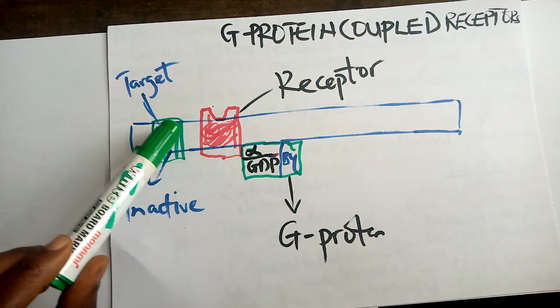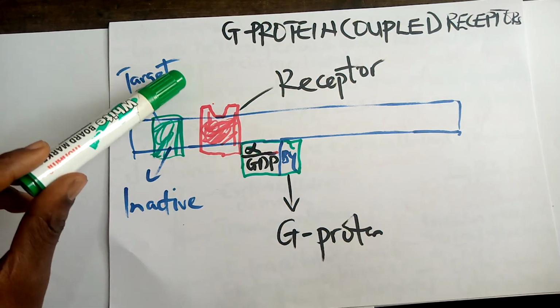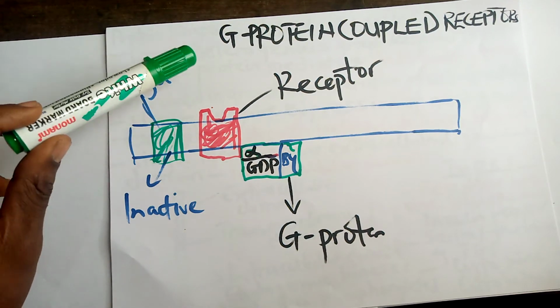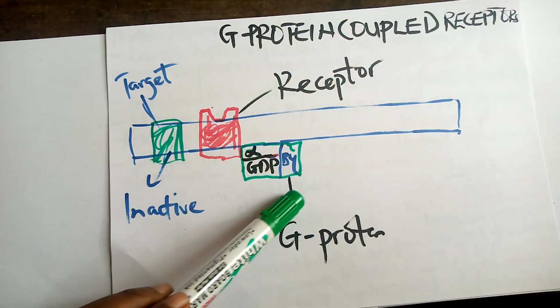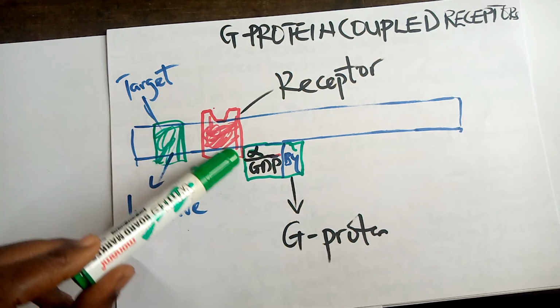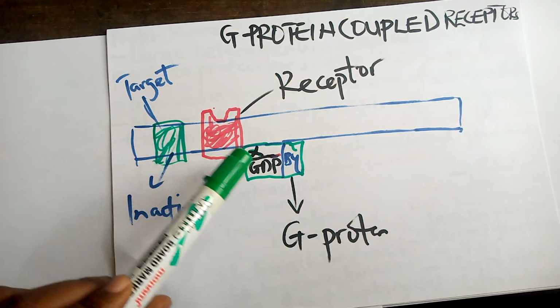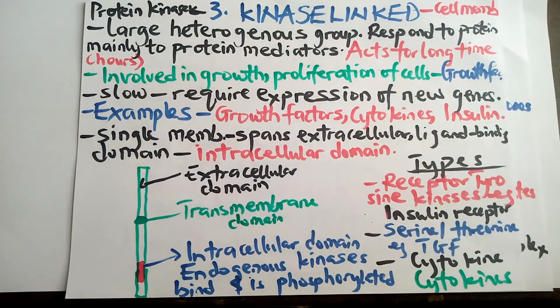The receptor right now is inactive. When the agonist or ligand binds to the receptor, this G protein is activated. So receptors that are bound to G proteins are called G protein coupled receptors.